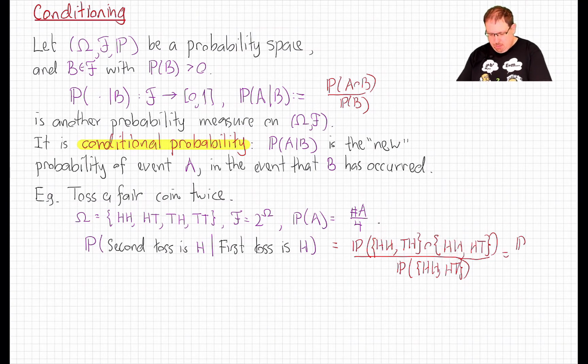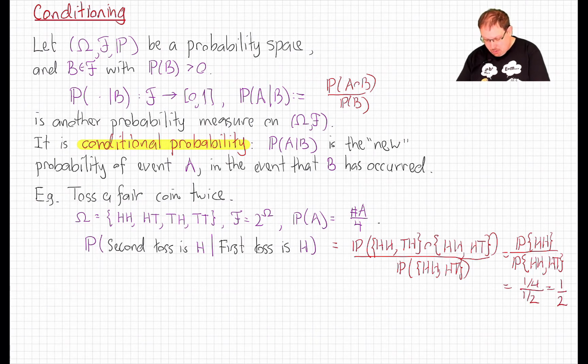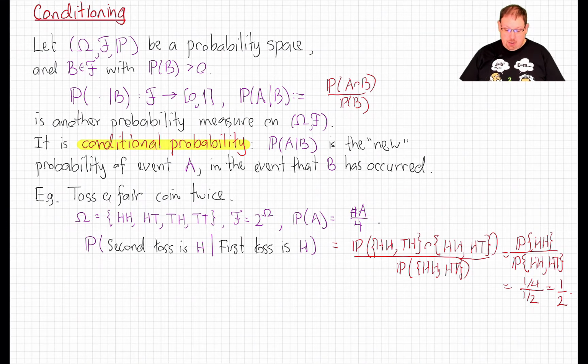So this is the probability of the singleton, heads, heads, divided by the probability of the two outcome event, heads, heads, heads, tails. The top has probability 1/4, the bottom has probability 1/2, and so we get 1/2 as the conditional probability that the second toss is heads, given that the first was heads.